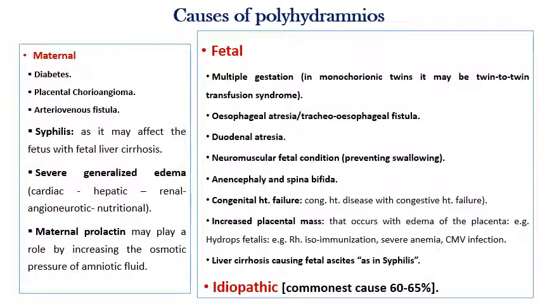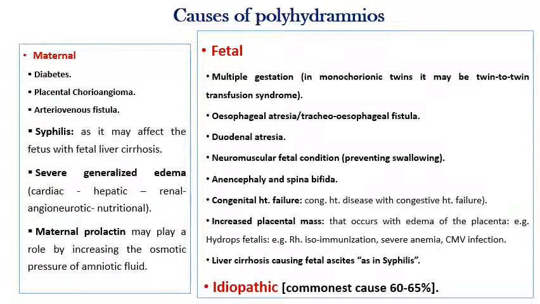Other causes. Looking into physiology, the fetus is the main source of amniotic fluid. So fetal causes are commoner than maternal causes, rapidly accumulating, occurring earlier in pregnancy and associated with bad obstetric outcome. So fetal causes of polyhydramnios are usually called acute polyhydramnios.